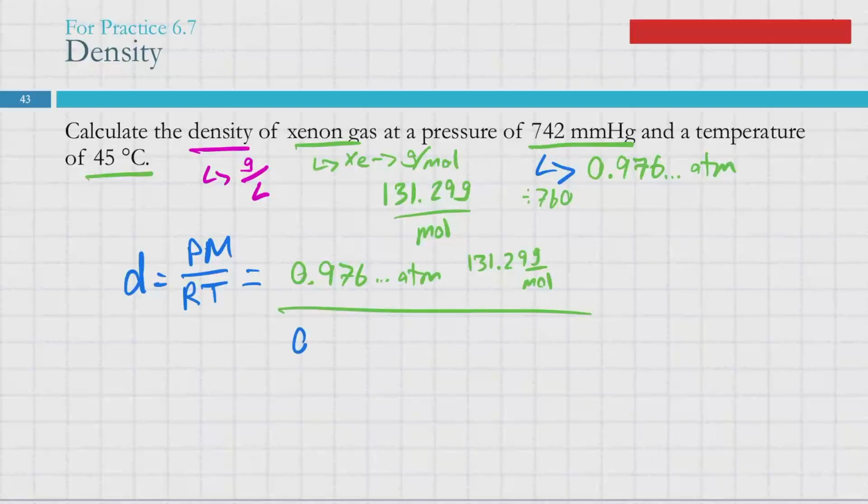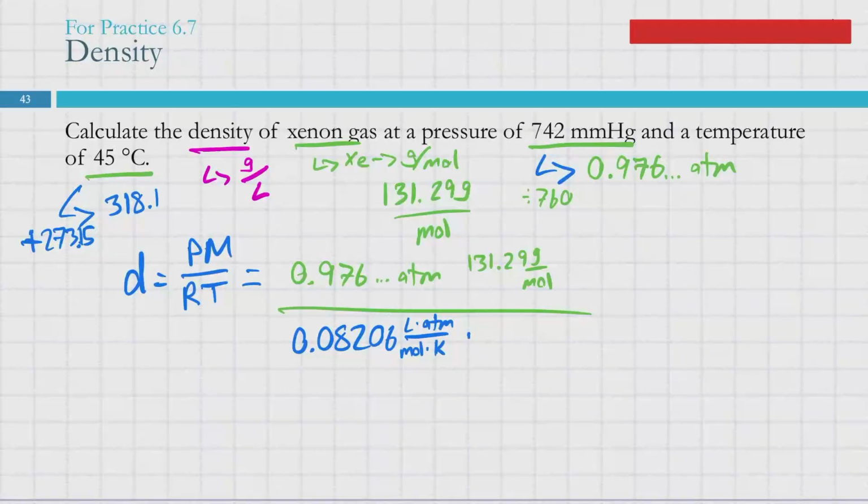On the bottom, we've got R, which has all of its fun units along with it. And then temperature, we have to calculate from Celsius. So we'll take our 45 degrees Celsius, add 273.15 to it. We get 318.15 Kelvin.